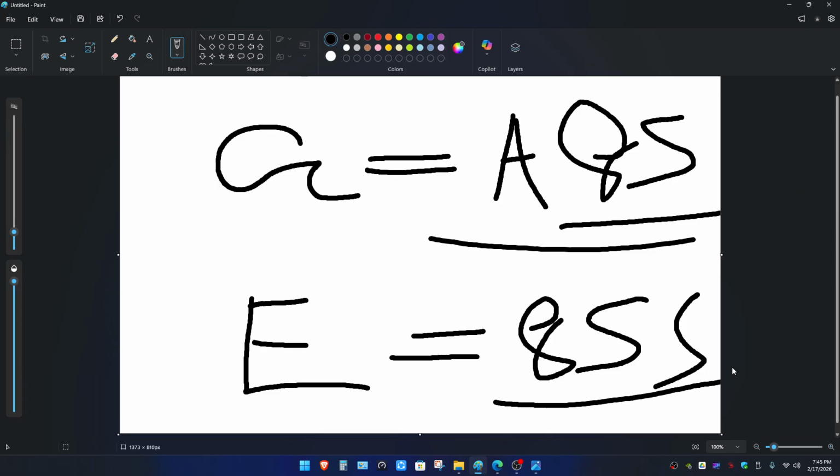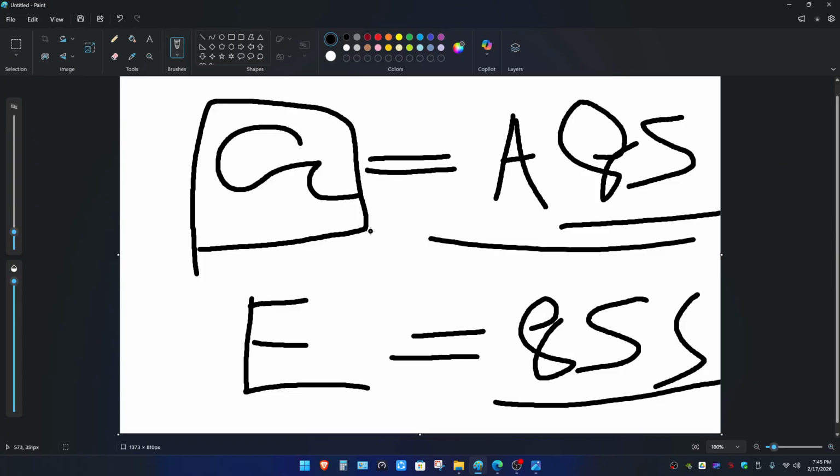So this is the main reason why we cannot measure gravity, because measuring gravity and an electron is a completely different way.